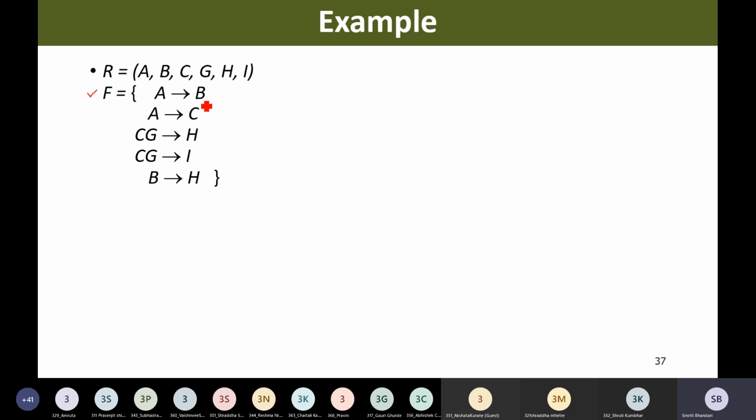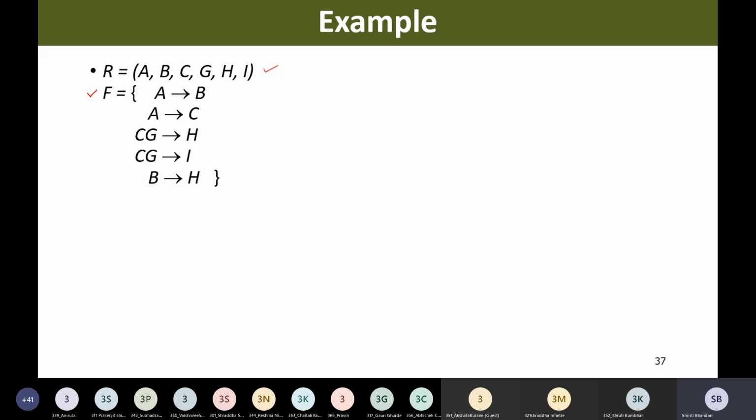A determines B, A determines C, CG determines H, CG determines I, and B determines H. These are the functional dependencies that we have, and this is our relation schema R.